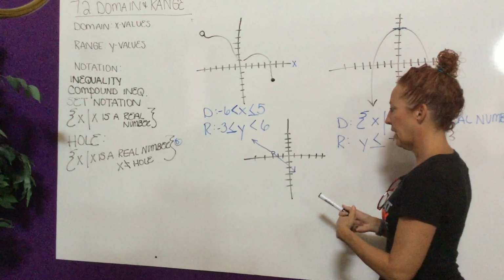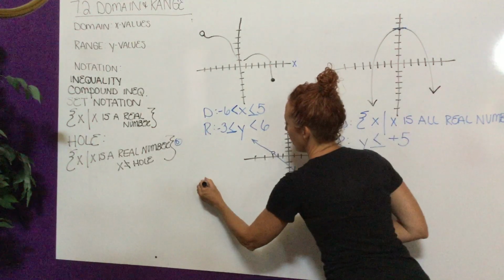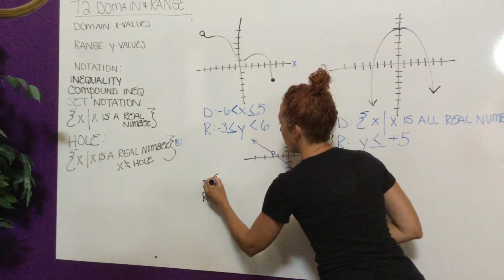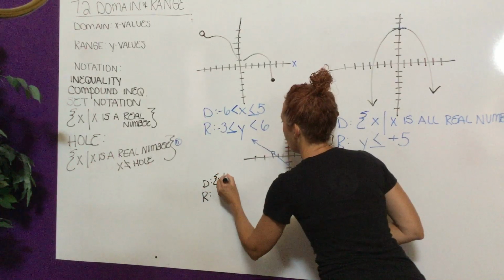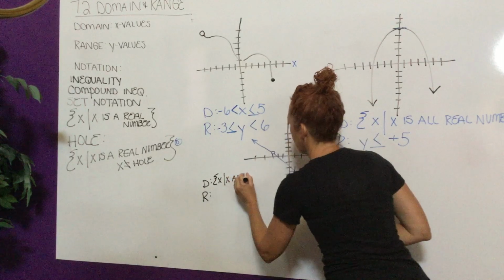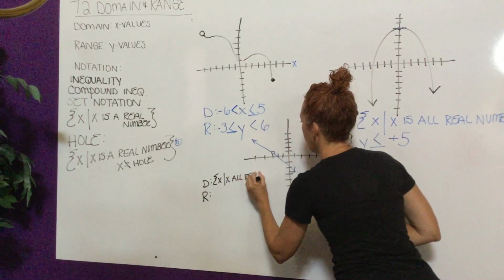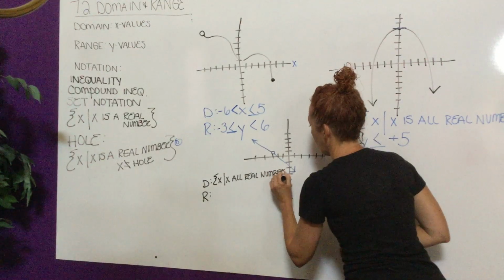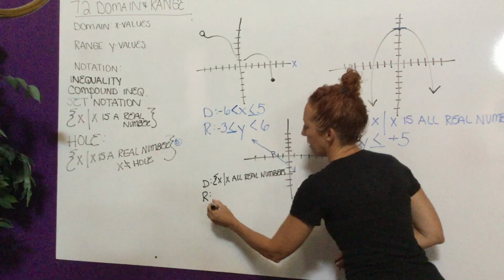So domain and range here, the domain and range are all real numbers for both. It's killing me a little bit to have to write this out every time when there's so many other ways to write this.